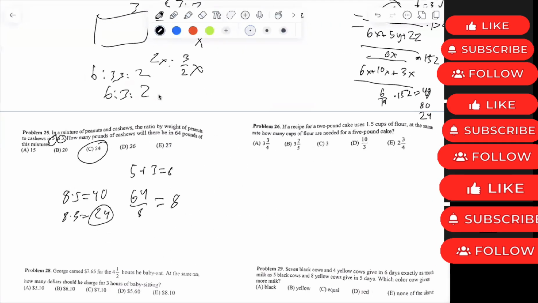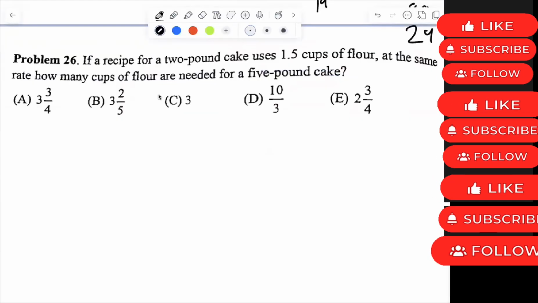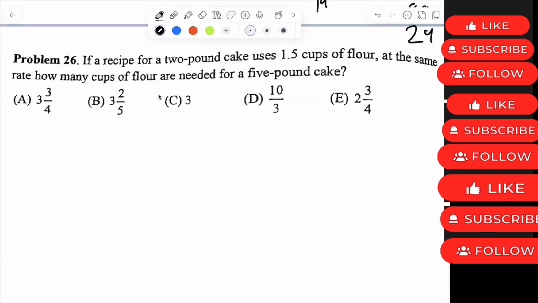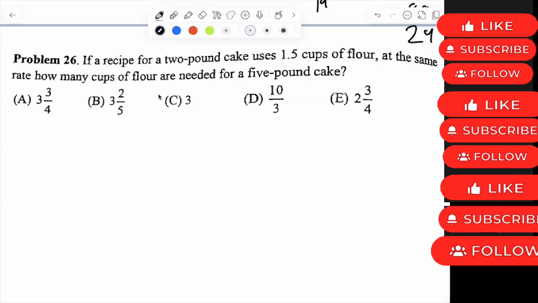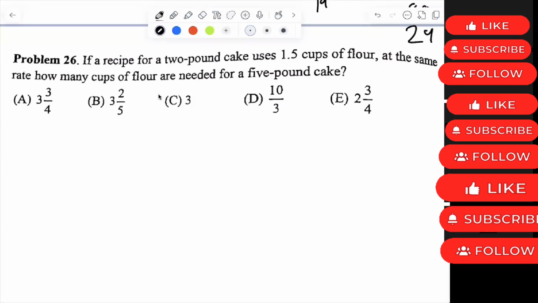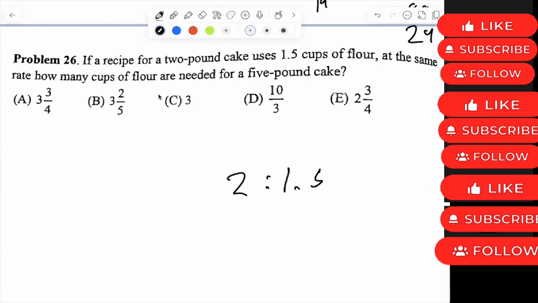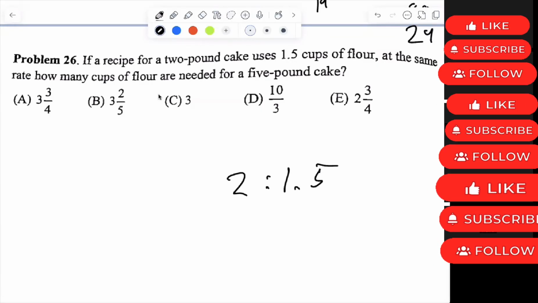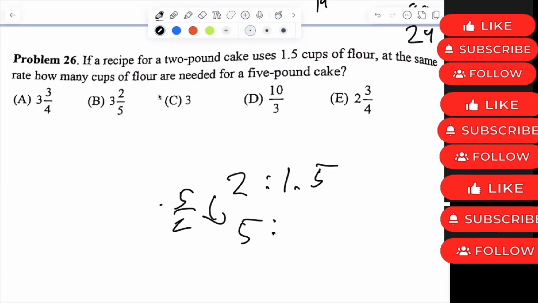Alright. Now let's move on to problem 26. If a recipe for a 2-pound cake uses 1.5 cups of flour, at the same rate, how many cups of flour are needed for a 5-pound cake? Alright. Clearly, you can see you can use from 2 to 1.5. This is the ratio, right? Now, to get to 5, we multiply by 5 halves.